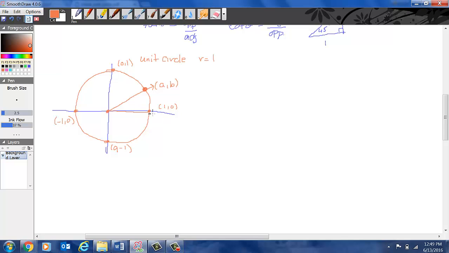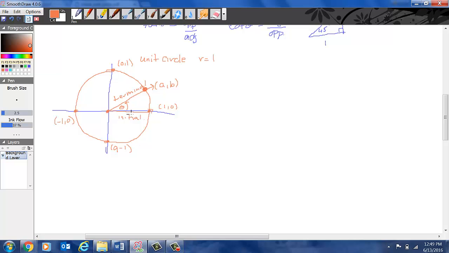So just for some basic vocabulary, this angle, I'm just going to call theta, would be a positive angle. So it's also in standard position. An angle in standard position means we call this the initial side, and we call this the terminal side.